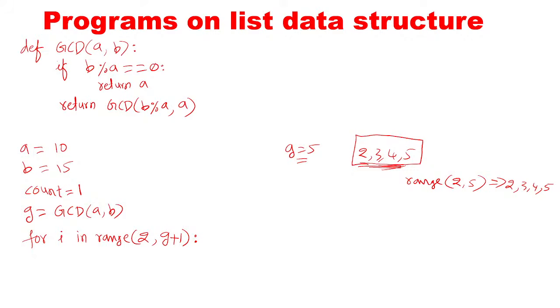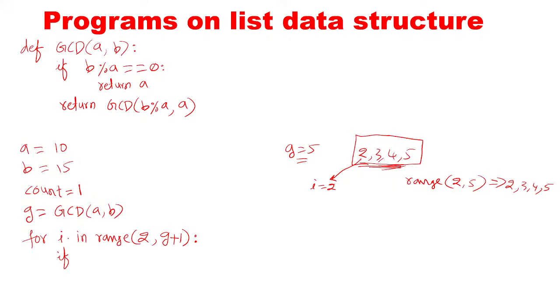Got it? Once this sequence is generated, you go on to test whether each number divides both A and B or not. How does this for loop execute? i initially starts with 2. 2 is passed to i.